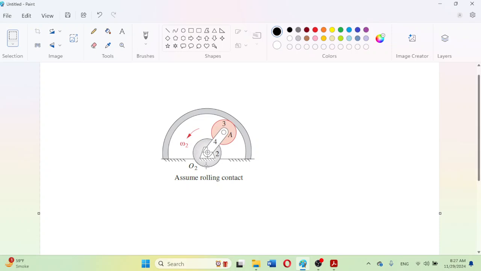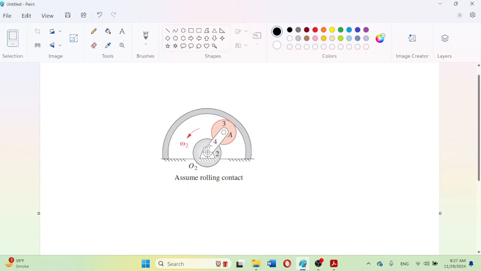So here 3 links are joined, so the order of joint is 2. That means the instant centers here will be greater than 1. So the instant centers will be calculated using the formula n into n minus 1 divided by 2.